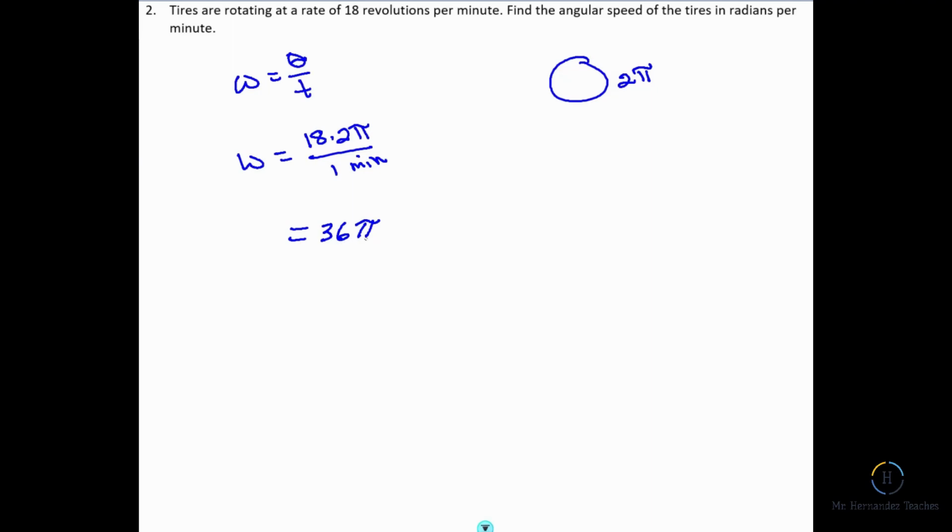If this was a multiple choice question, then you would probably multiply by pi just to see what we get out. So 36 pi, and we just want to put this in radians per minute, so rad per minute. We don't have to do any changing there for our units. It's very simple. Moving on to our next question.